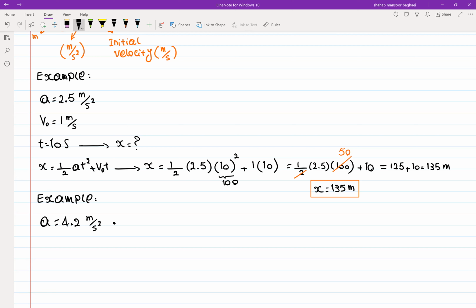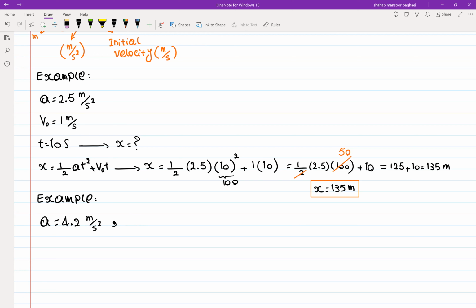The initial velocity of this particle, V0, is... I'm sorry, V0, we don't have it.